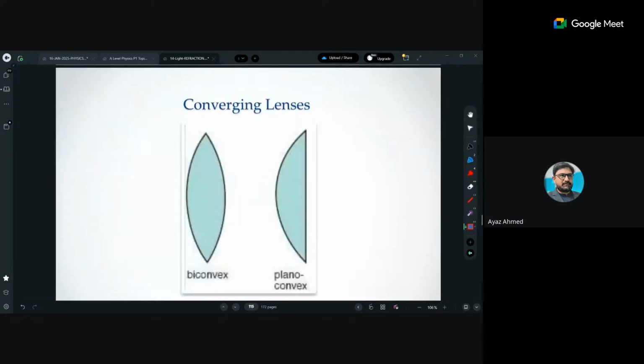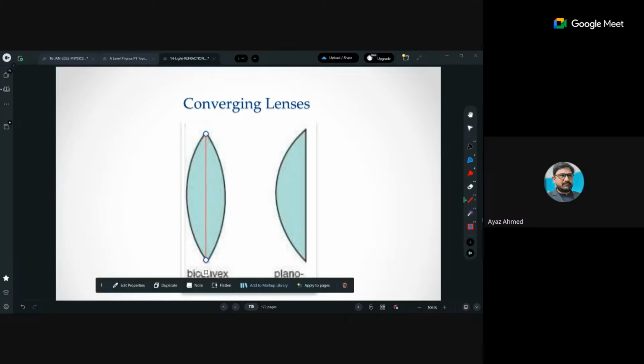Yeah, these are two lenses, and this one is the plano-convex lens. In simple words, we call it a converging lens, but one side is plane and the second one is convex, right? And this one is called a biconvex lens, the blend of two plano-convex lenses side by side.